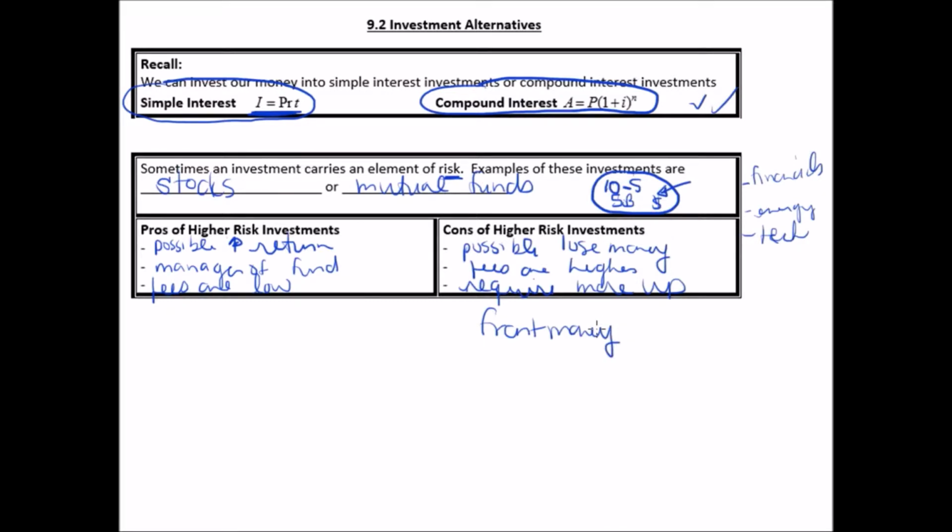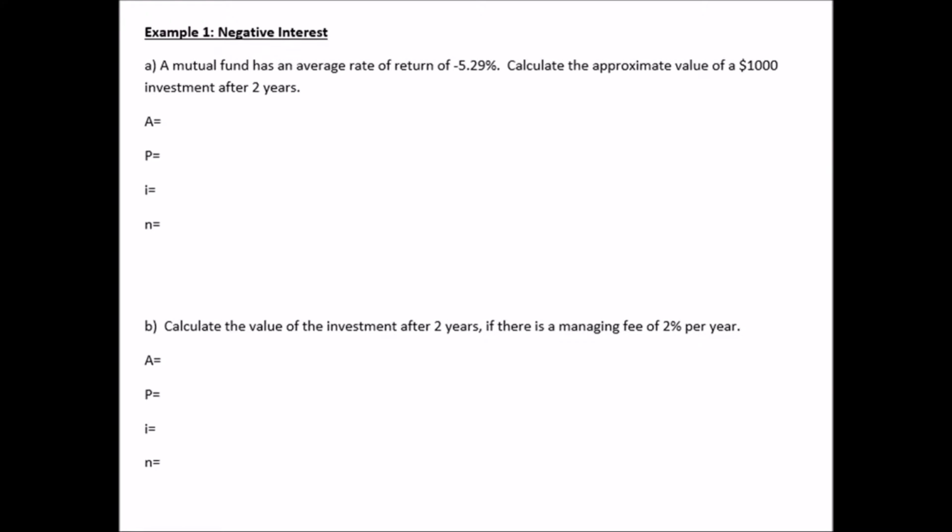Okay, so let's take a look at some examples. Example 1, negative interest. So, for example, a mutual fund has an average annual rate of return of negative 5.29. Yes, you read this correctly. This is negative. That means on average that mutual fund has gone down. Calculate the approximate value of a $1,000 investment after 2 years. So let's calculate the amount, and we know usually it's like 1 plus 0.0529, right?